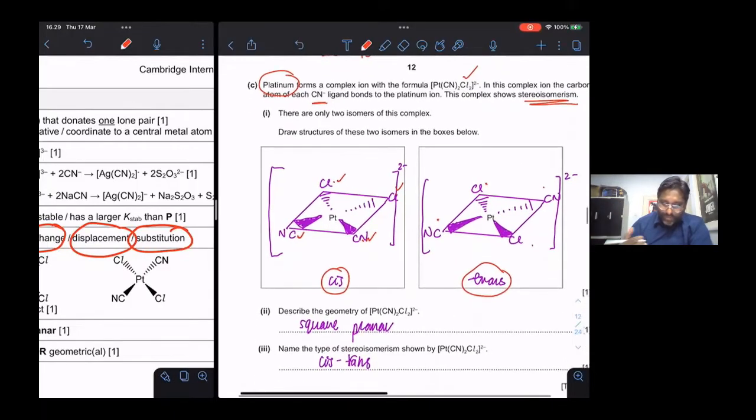So when they say describe the geometry, no problem: square planar. And for the type of stereoisomerism, you can write geometrical isomerism, and if you want to be specific, cis and trans isomerism. But no optical isomerism. Remember that.